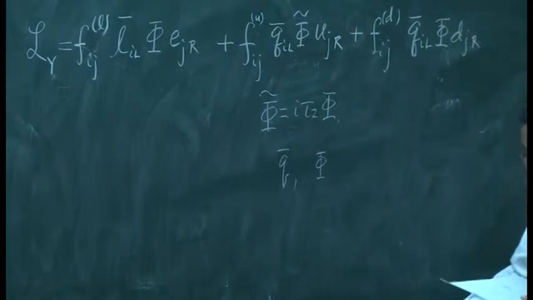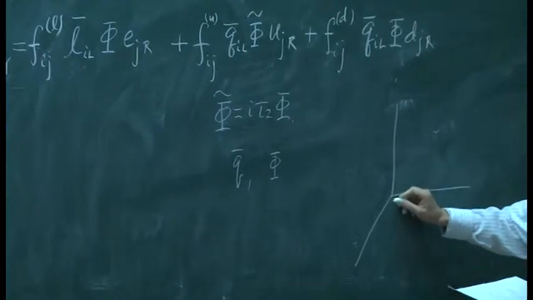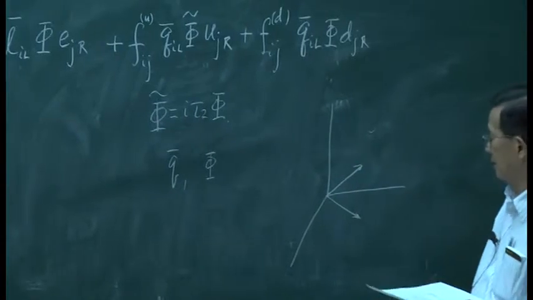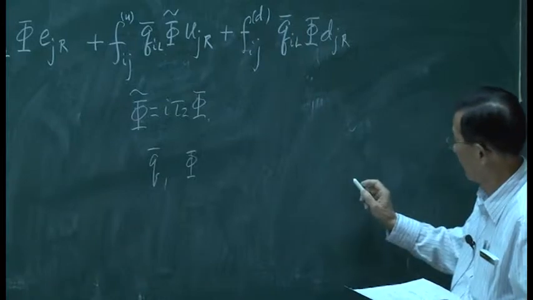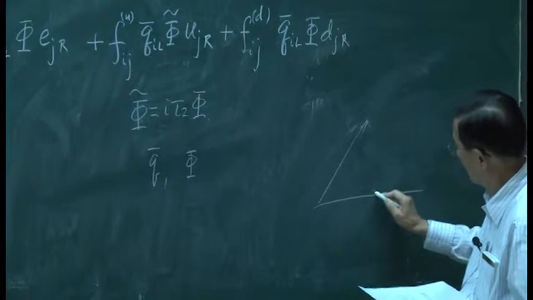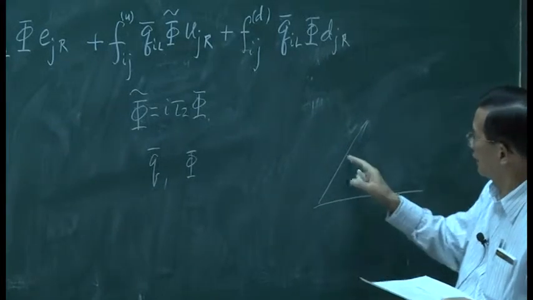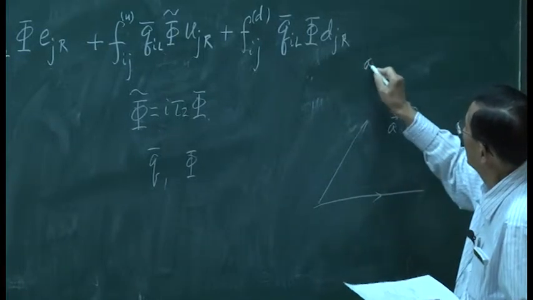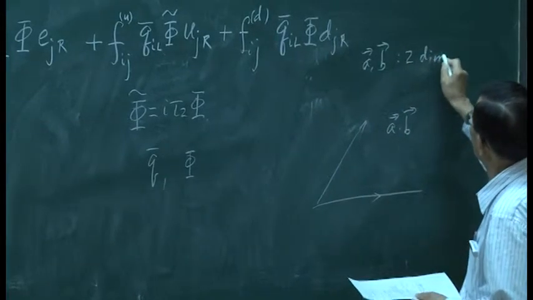In two-dimensional vectors, if you have two vectors on a plane, what you can form as a scalar is the scalar product, A dot B, where A and B are two-dimensional vectors.